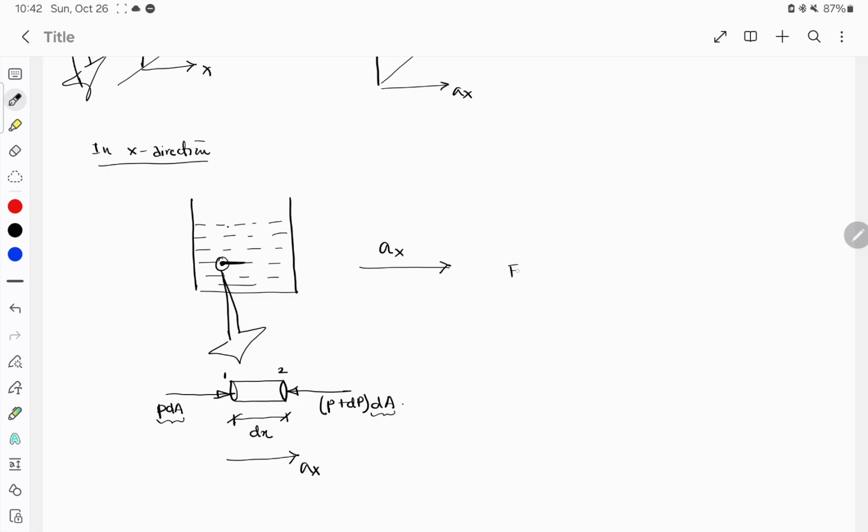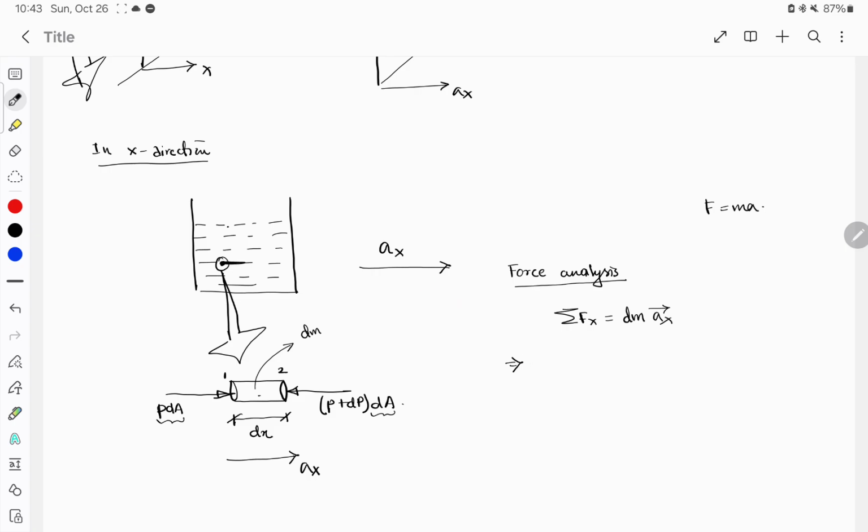So if we do force analysis, we write the summation of all the forces in the x direction. Now this particular fluid is not static, and the whole element's mass is dm, so force is equal to mass into acceleration, Newton's second law of motion.